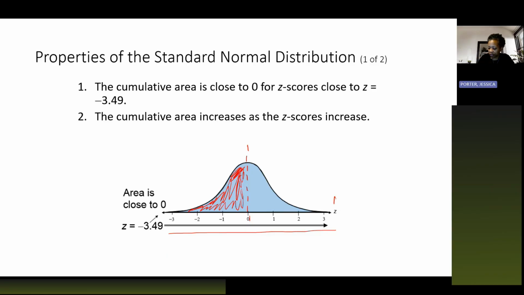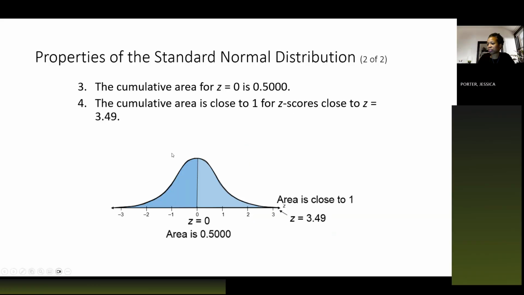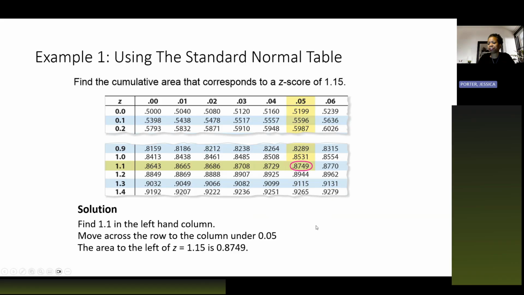We got a 0.5. Great. You're right. It is 0.5. So z equals 0 is 0.5. And the area close to 1 would be at 3.49.